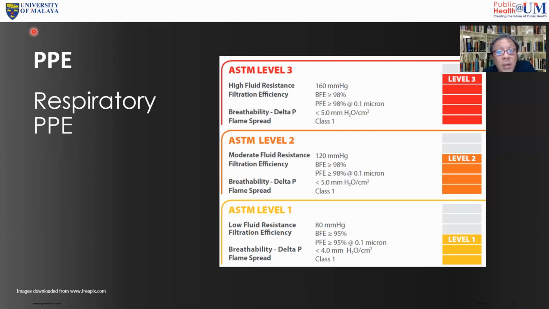So for surgical areas, we recommend at least ASTM level 2 because of the moderate fluid resistance that we want. Also, the bacterial filtration efficiency is 98%, and the particulate filtration efficiency is 0.1 micron. So that's what we want to look at. All right, clear?